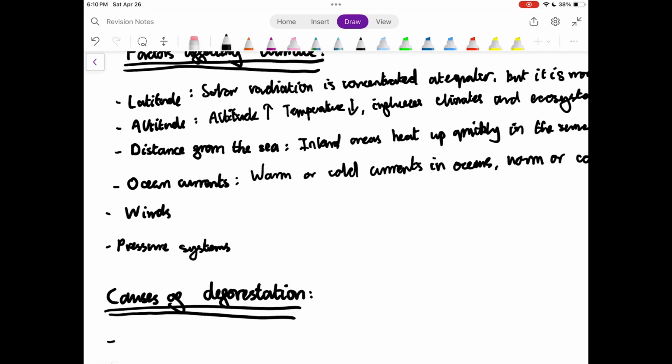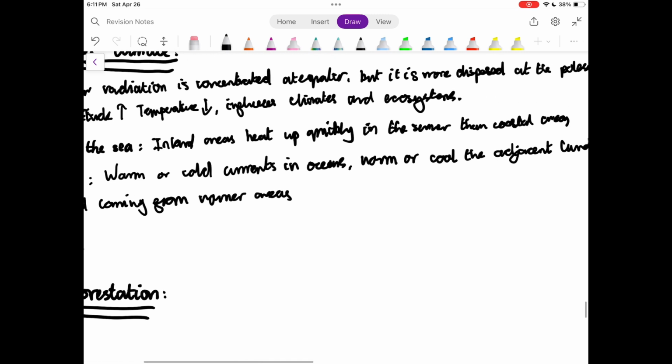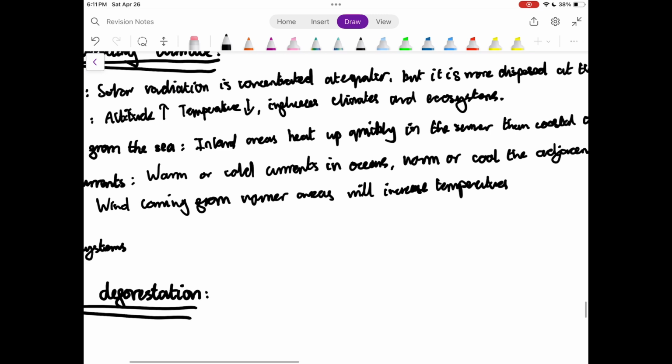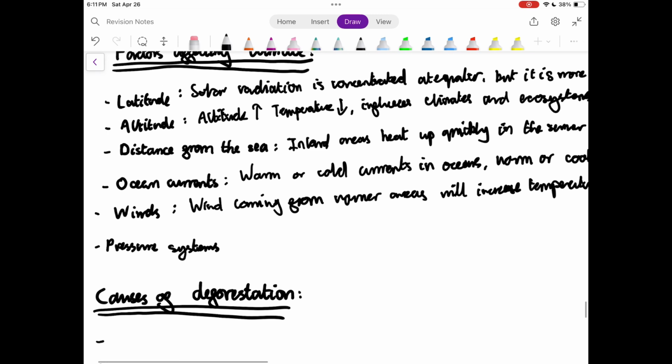Okay, the next is wind. Wind coming from warmer areas will increase temperatures, and therefore this influences the ecosystems, as they're heavily reliant on the temperatures of the area they're found in.